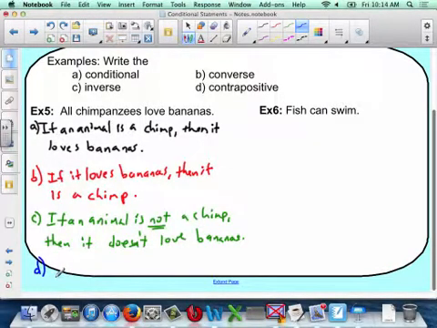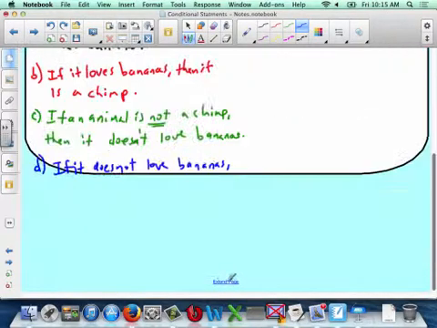All right, so what about finally the contrapositive? I want to write out the contrapositive. Go ahead, Tori. If it does not love bananas, then it is not a chimp. Yeah, there we go. So it does not love bananas, it is not a chimp.